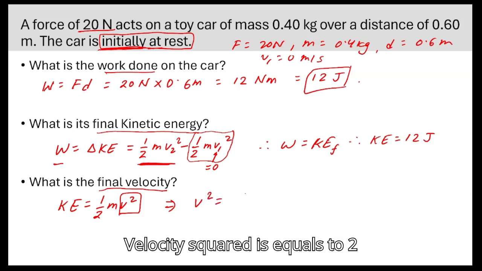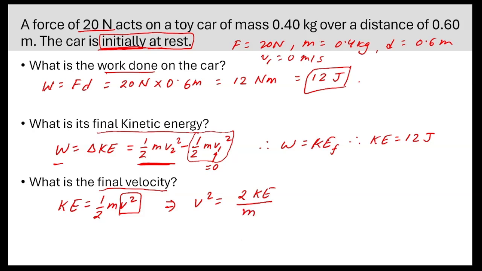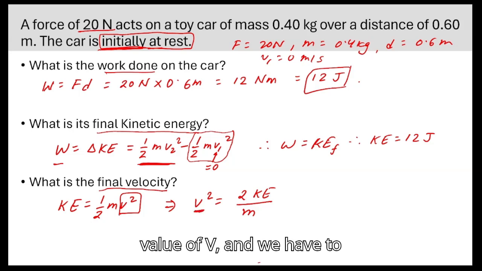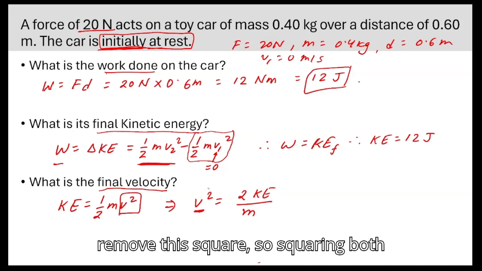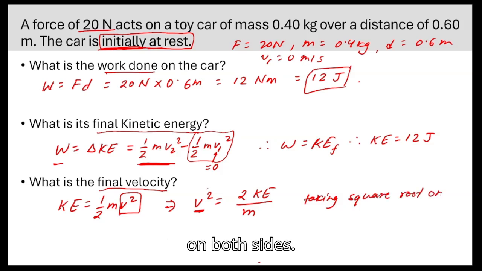Velocity squared is equal to 2 times kinetic energy over mass. To calculate the value of v, we have to remove this square, so taking the square root on both sides.